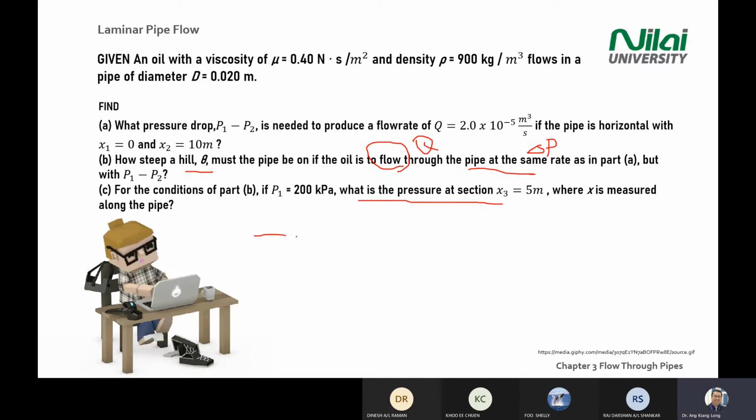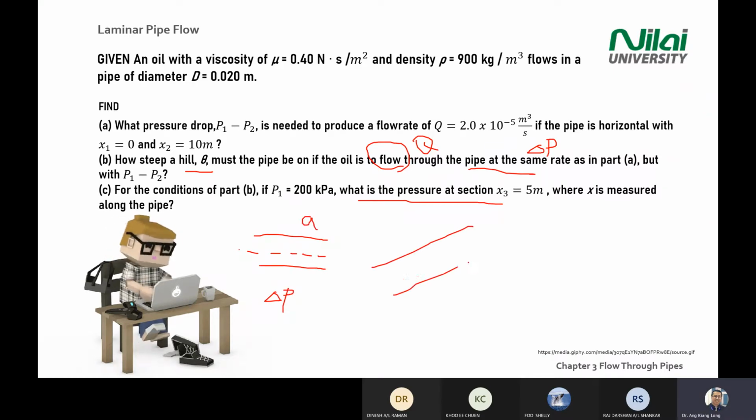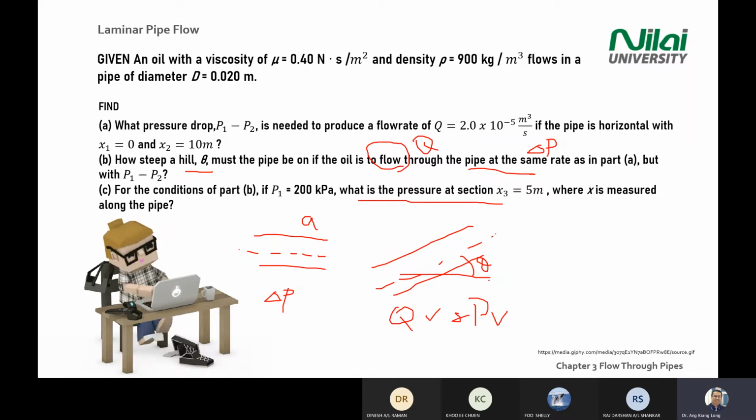So there are two scenarios. One, horizontal pipe, find the delta P, this is A. Second, at what angle of theta can the Q be maintained, with delta P maintained? This is B. C, it asks you about the slanted pipe also.